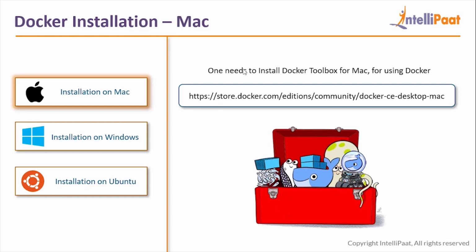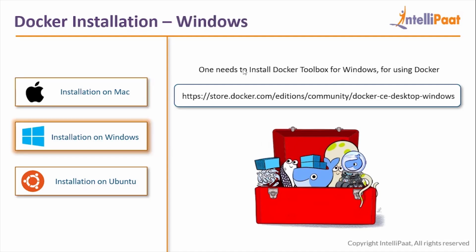Just go to this particular link, download the Docker software, and once you have it, come back to this CLI and pass the command docker version, and if you get a reply with the version of Docker running on your system, your software is successfully installed. So this is the installation for Mac.